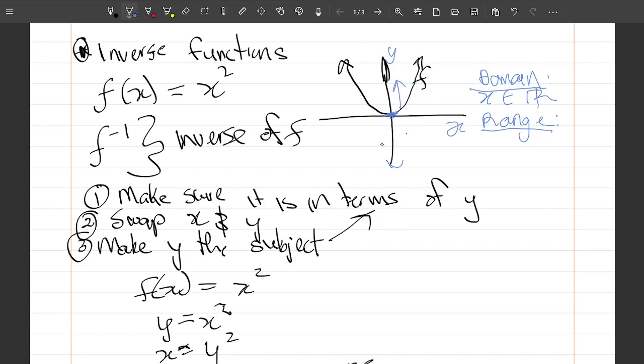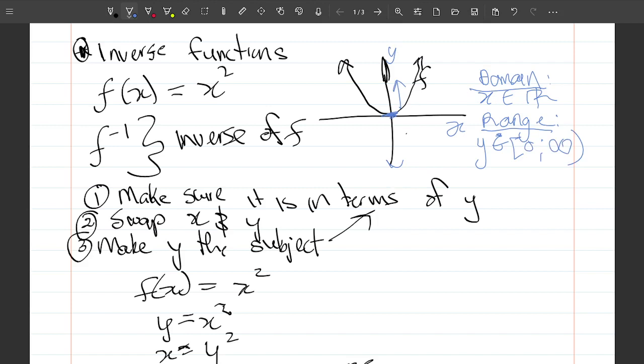It does not cover this part of the y. So then our range for this one is just going to be y. Then we have to consider the fact that y is going to be an element of, and we're going to see the fact that it starts from 0 all the way up until positive infinity. Negative infinity is this side, positive infinity is that side.